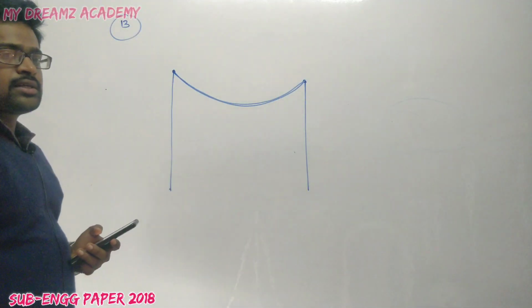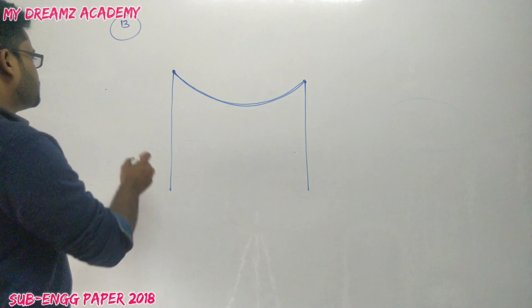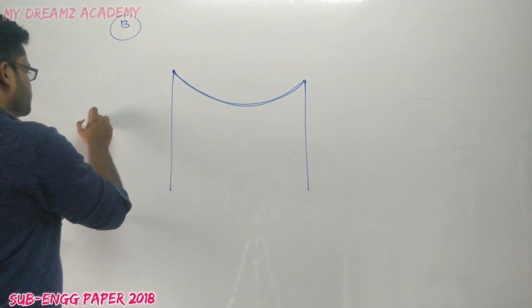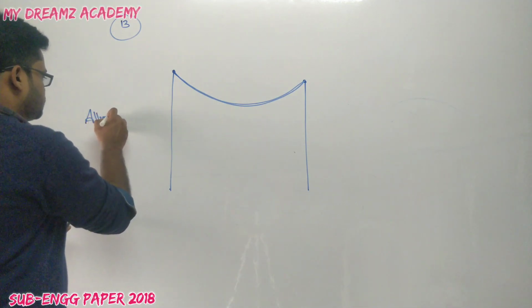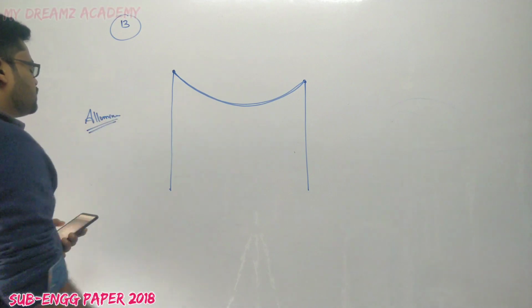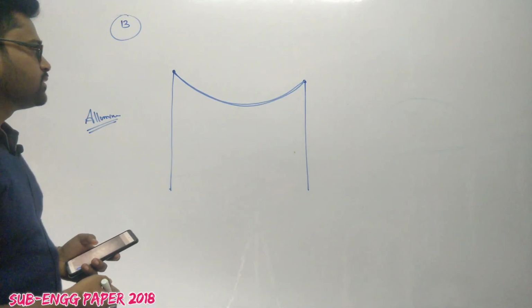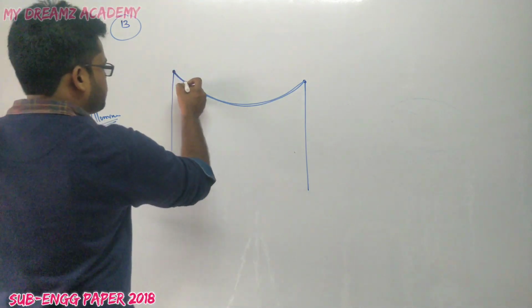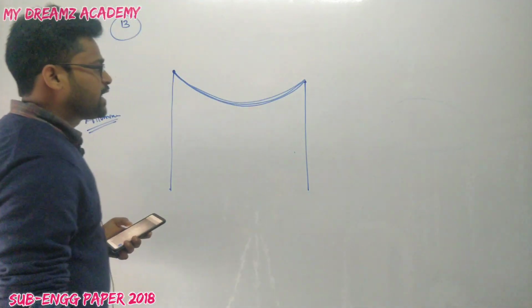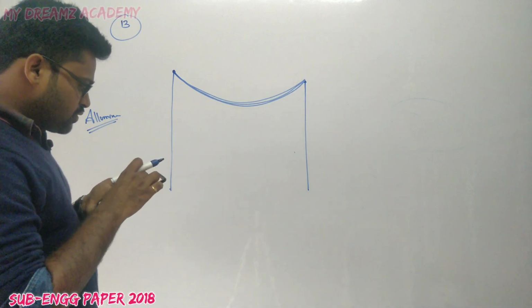It will have some sag because we use aluminum conductor, and that too not a solid conductor. That is, it has some strands over it. So it definitely has some sag. So this is what the stringing chart is for.